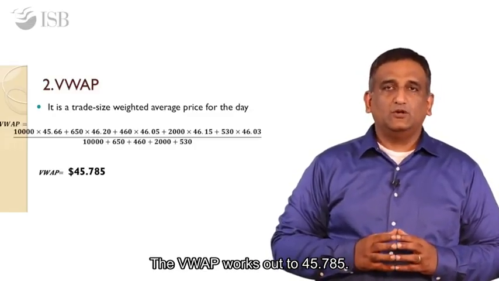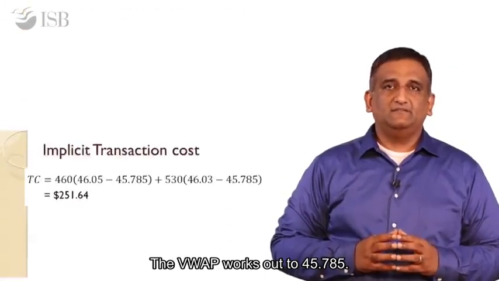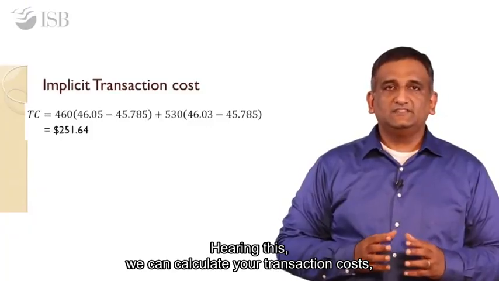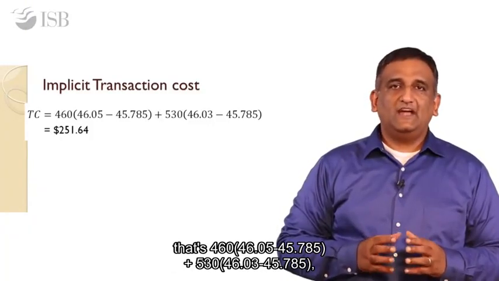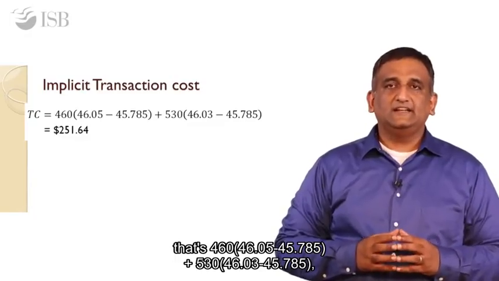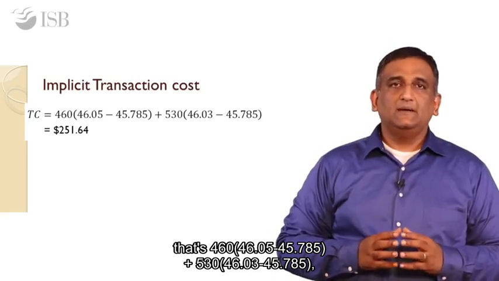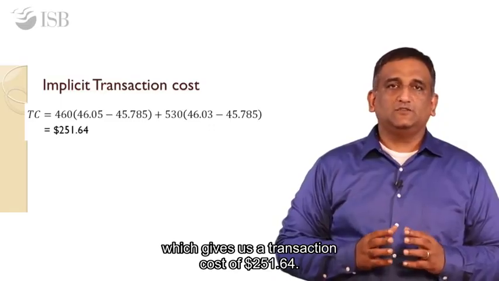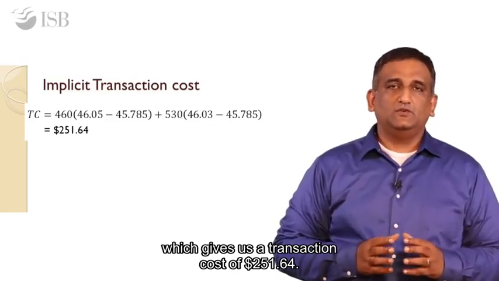The VWAP works out to 45.785. Given this, we can calculate your transaction cost as 460 times (46.05 minus 45.785) plus 530 times (46.03 minus 45.785), which gives us a transaction cost of 251.64.